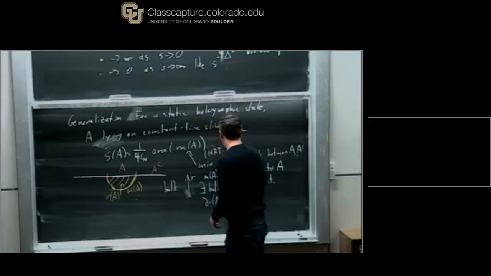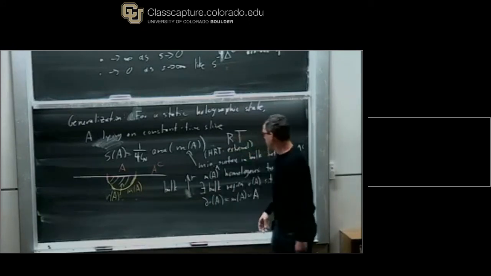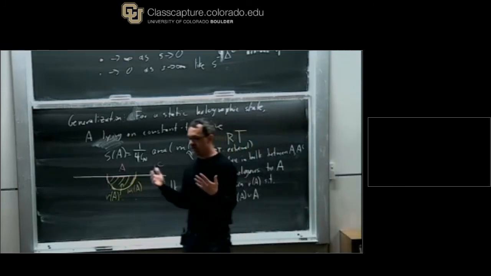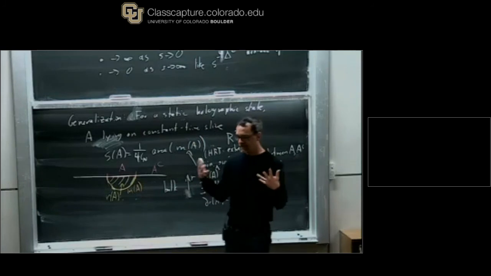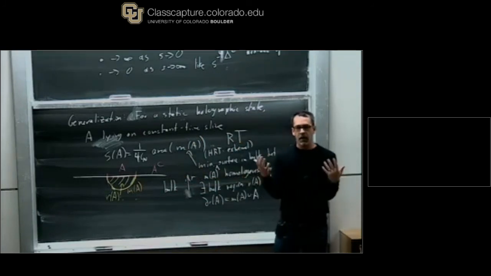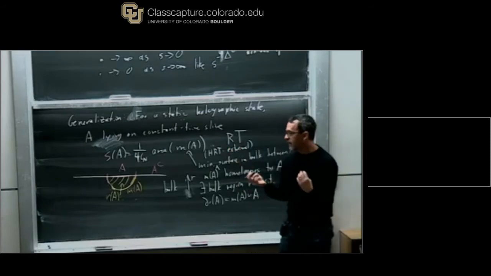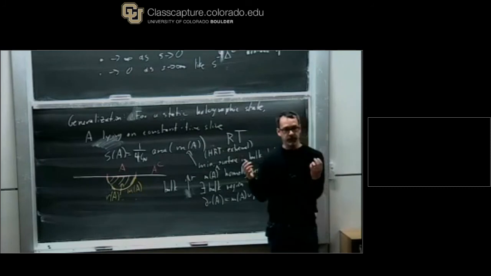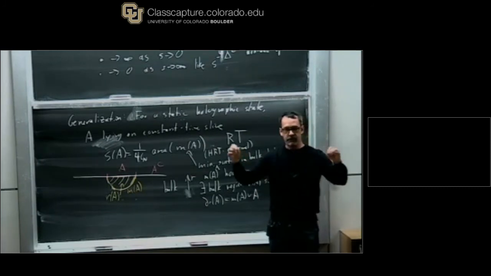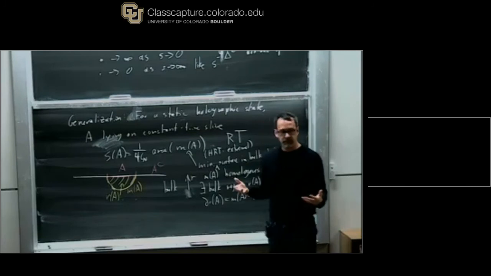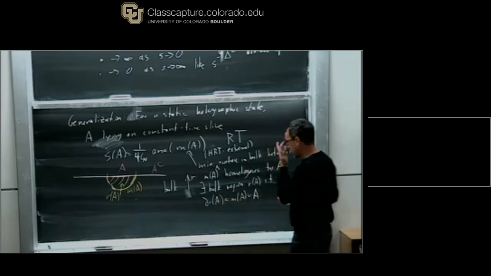So HRT says the minimal extremal surface, meaning a surface with vanishing trace of the extrinsic curvature, or if you put it a little more geometrically, it's an extremum of the area function. The reason you can't talk about minimal surfaces in space-time is that you can always take any surface and jiggle it up and down in the time direction to reduce its area. So there's no notion of a minimal surface in a Lorentzian space-time.